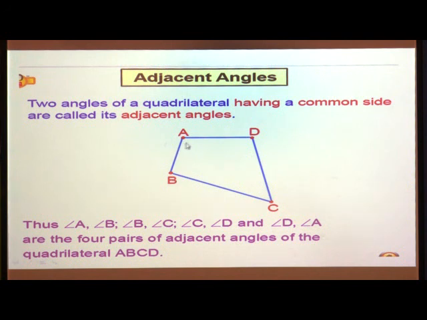The pairs are angle A and angle B, angle B and angle C, angle C and angle D, and angle D and angle A. These are the 4 different pairs of adjacent angles of quadrilateral ABCD. Adjacent angles are 2 angles having a common side.